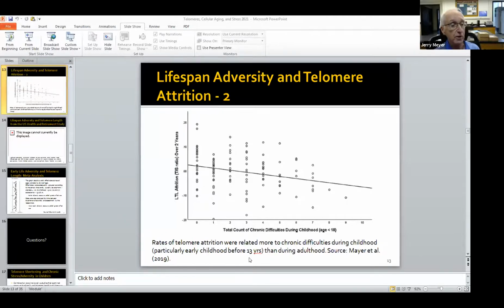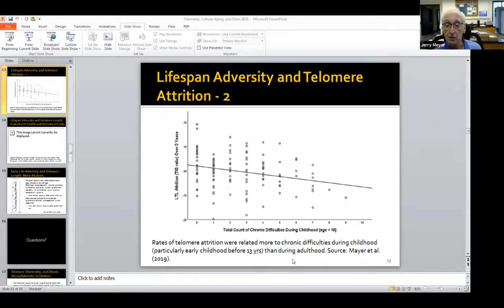And it was quite interesting that the rate of telomere attrition was actually affected the most by the chronic difficulties that the women had experienced in their childhood, especially their early childhood, even more so than adulthood.